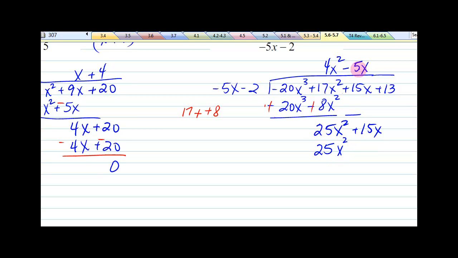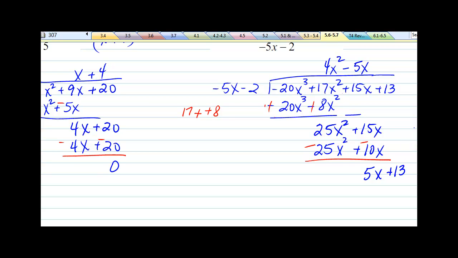And then I have a negative 5x times a negative 2, so I get a positive 10x. But I have to subtract these two terms, so I'm going to subtract. When I add straight down, I end up with 5x, and I'm going to bring this 13 all the way down, 5x plus 13.